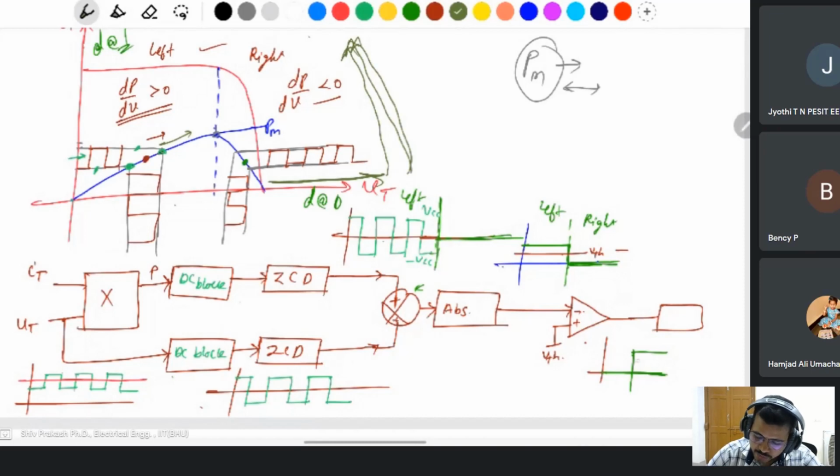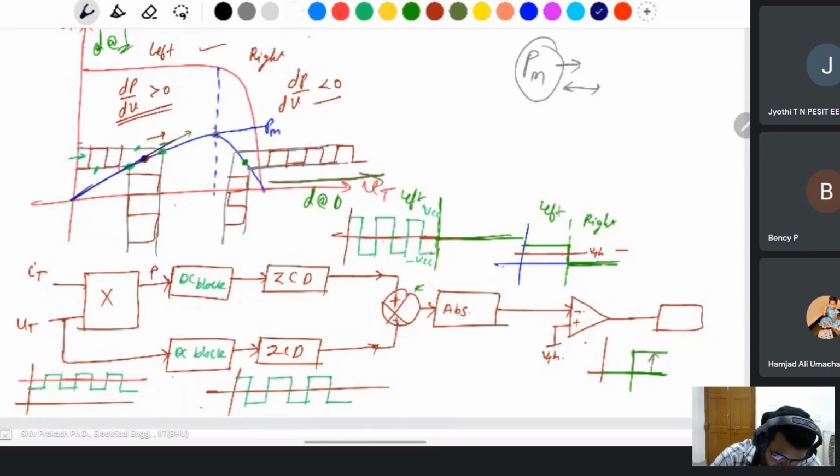That's why a positive value is required to increase the duty cycle. Look here: if your pointer is here, this is the load line at this pointer.